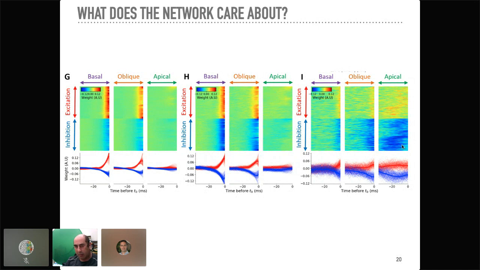But there are also some other units that care about the apical dendrites. And here in the apical dendrites, we see that they care less about the temporal dynamics. They don't care exactly when the input comes, but they do care if it comes somewhere in some wider temporal window.